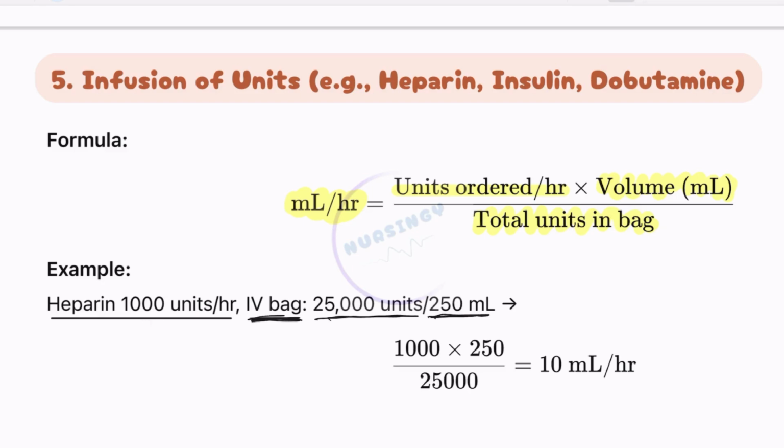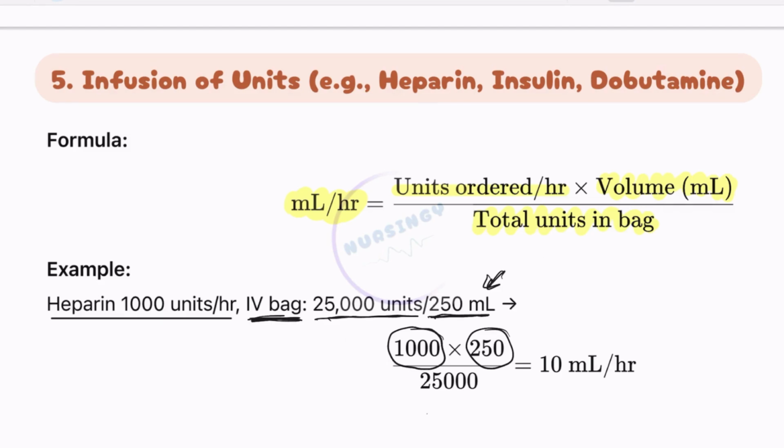So we take the units ordered per hour, that is 1000, and times it by the volume in ml, the total volume of the bag, which is 250 ml, and divide by the total units in the bag, 25,000.